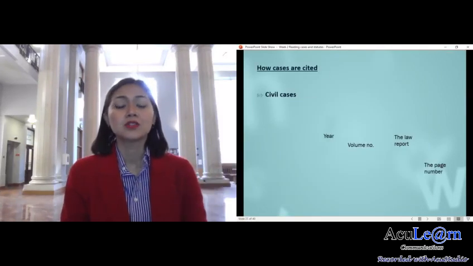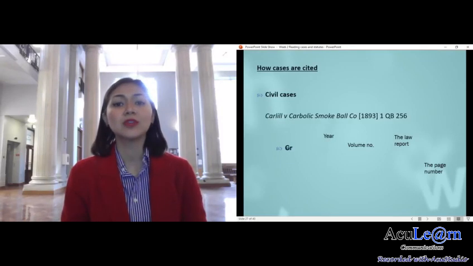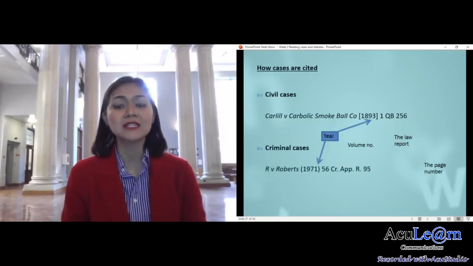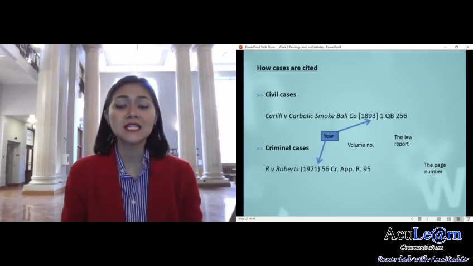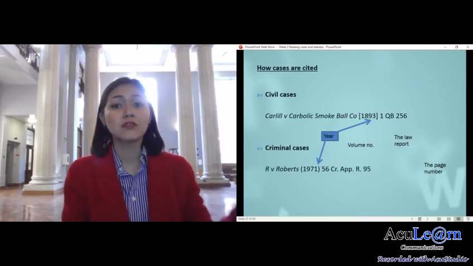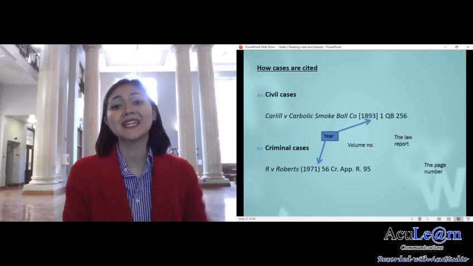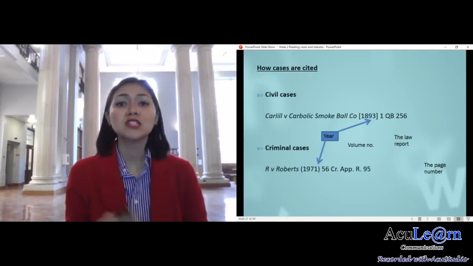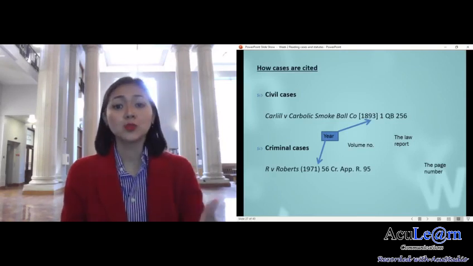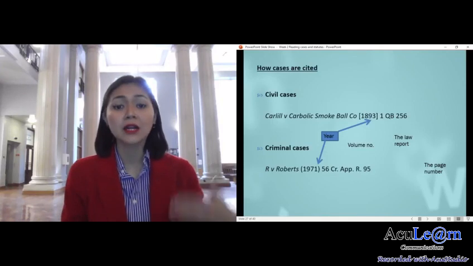So how are cases cited? I've put down here an example, civil cases. You have the name of the cases, bracket year, the volume number, the name of the law journal, followed by the page number. When you pronounce civil cases, it will be Carlill and Carbolic Smoke Ball, as opposed to criminal cases, which is R against Roberts.